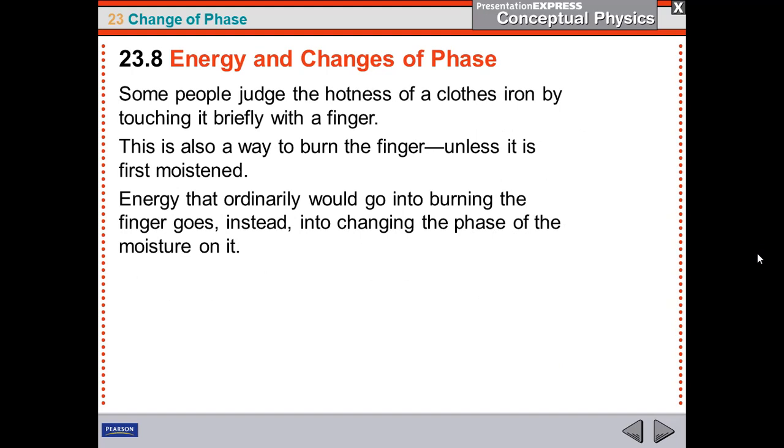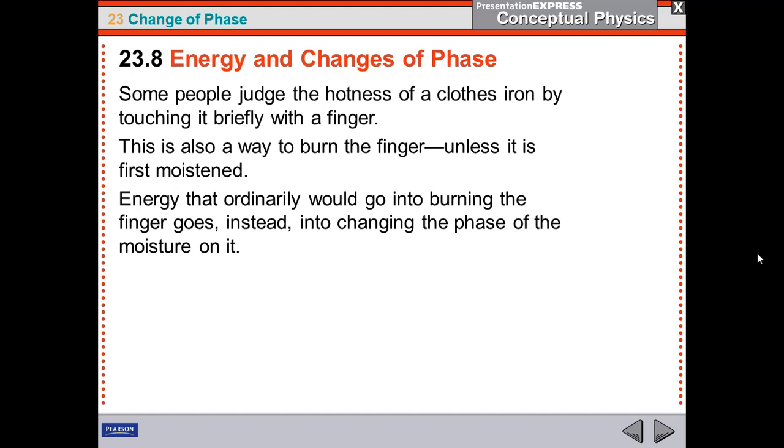Another application here. Some people judge the hotness of a clothes iron by touching it briefly with a finger. If you touch a hot iron with your finger, what is the result? The result will be a burn on the finger. So this is a way to burn the finger unless it is first moistened.